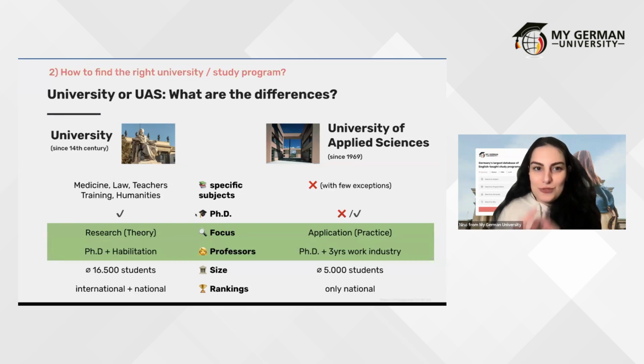And just to clear all these doubts, I want to mention that the only difference, which is not even a difference in some cases, is that usually universities have research and theory-oriented programs. So universities of applied sciences have more application and practice-oriented programs. Again, this could vary based on the program. So the program decides how to structure itself, and there could be exceptions on both sides.